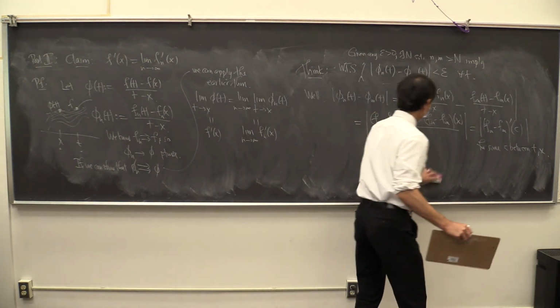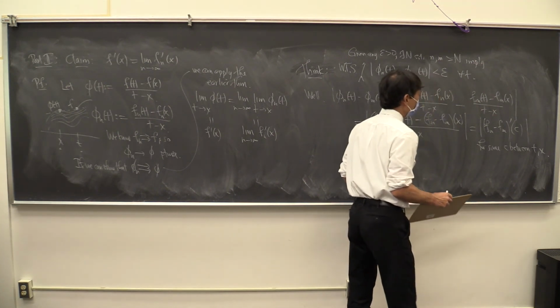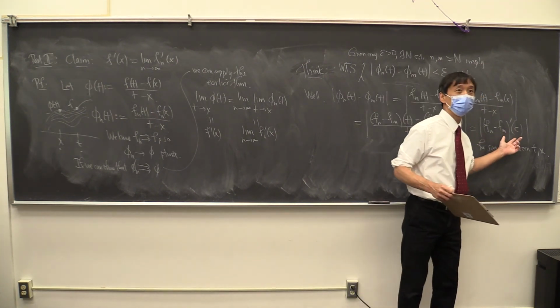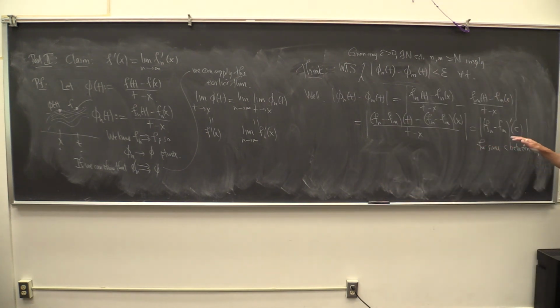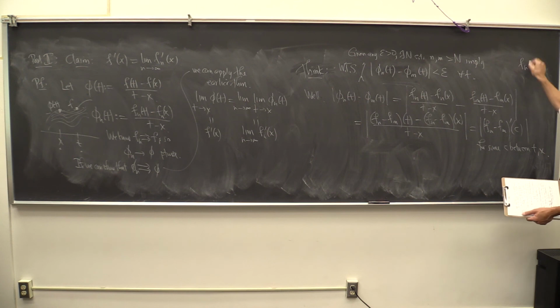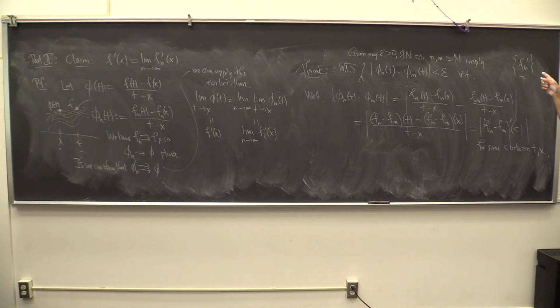Now, can I make that thing small? Yes, sure, because of uniform convergence. Remember, part of our hypothesis was that these guys converge uniformly. In other words, we can make the differences as small as we desire.